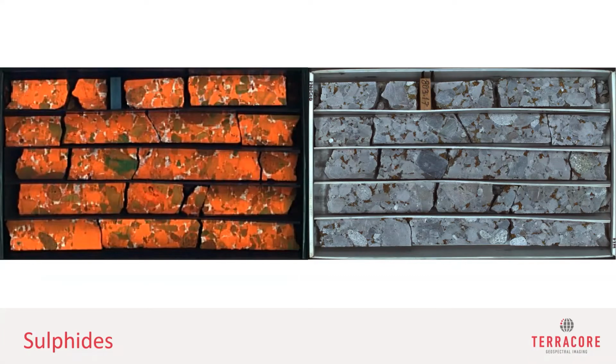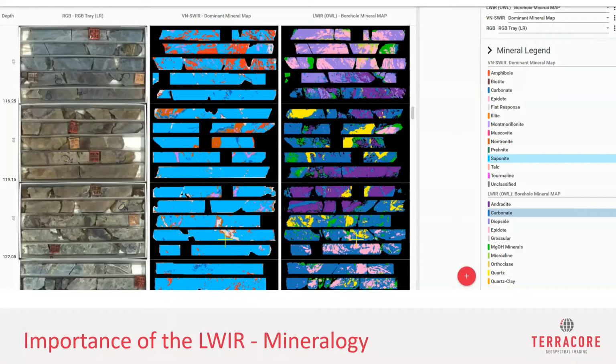Right, so in terms of the long wave, I've already mentioned, we add a little bit in terms of the minerals. So this is a scan system. On the left is the color image of the core. In the middle is the mineral map constructed from the shortwave infrared, and you can see there's a lot of blue, which in this particular case is saponite, which is the magnesium smectite.